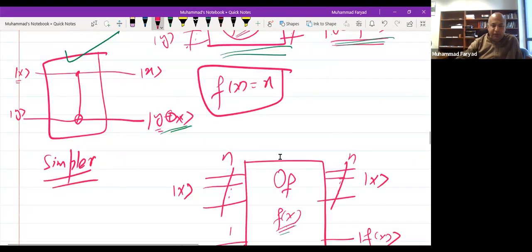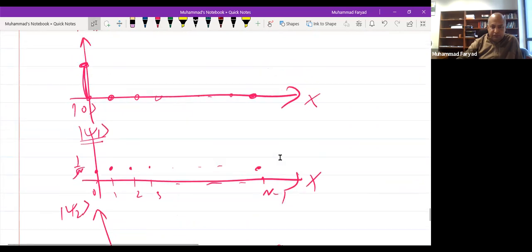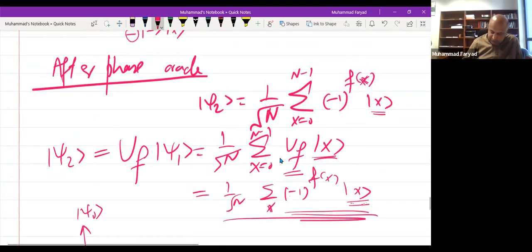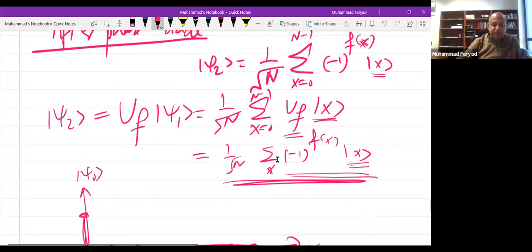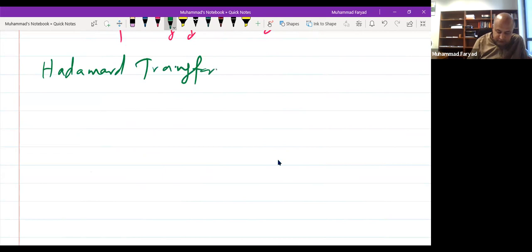But before I apply the Hadamard transform to this psi 2, which is this superposition state, let's do one thing in general. So let's talk about the Hadamard transform in general terms, instead of just applying it on a 0 state that we did previously.